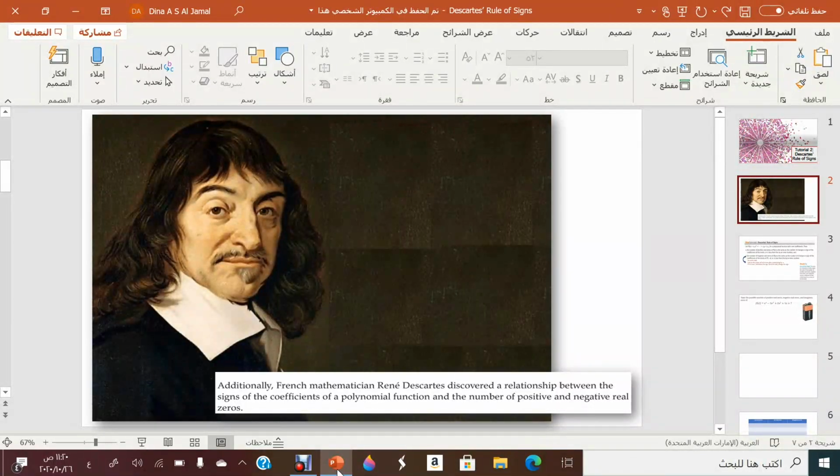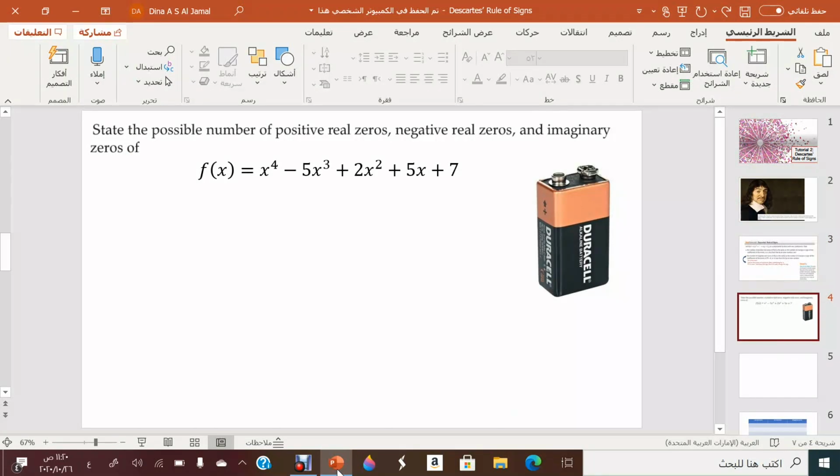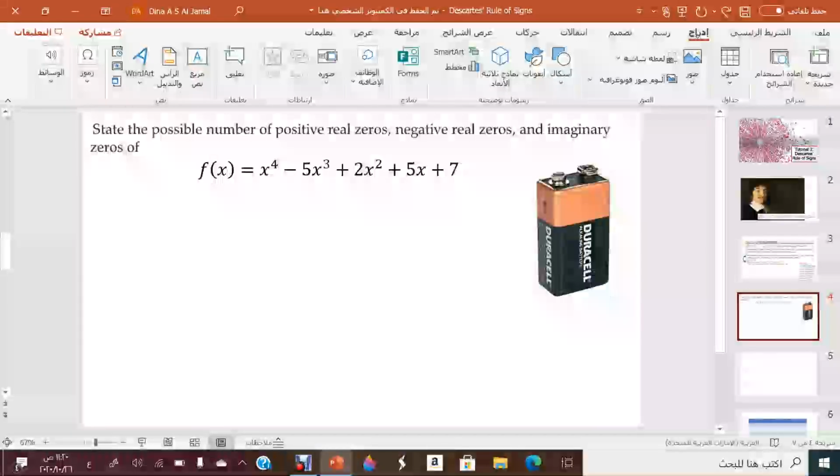Without solving, he can interpret the number of positive and negative real zeros, and from them the number of imaginary zeros, and all of these are guesses and probabilities. So we used this rule previously, so let's revise with a new example.